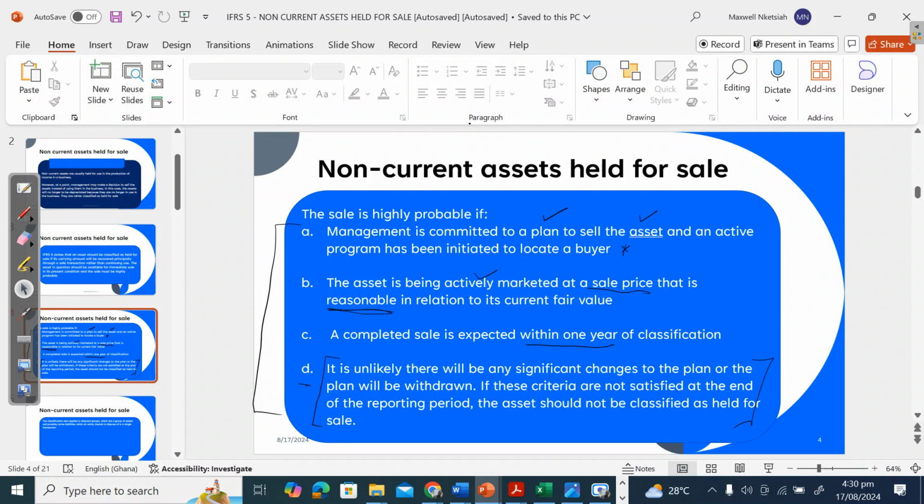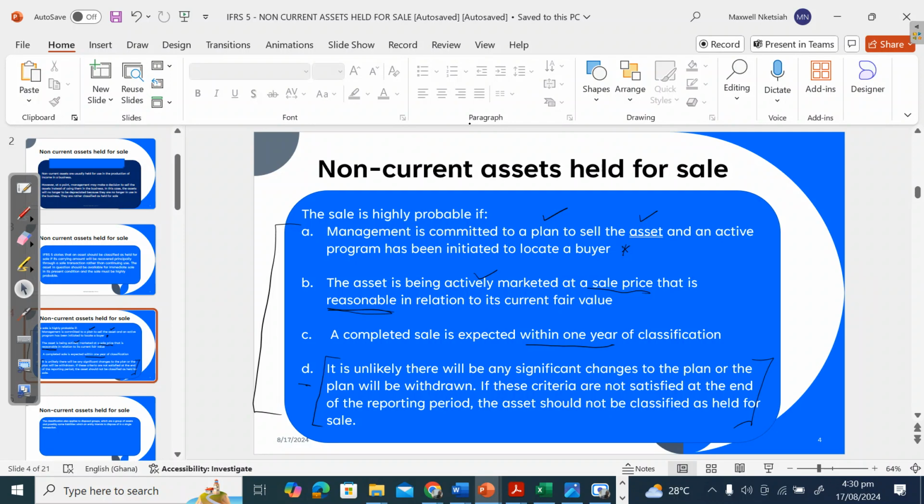So, for instance, you have recorded an asset as held for sale, meanwhile you are not looking for a buyer, you don't have any plan to sell the asset, you don't even know when you will sell it, and yet you have recorded the asset as held for sale.